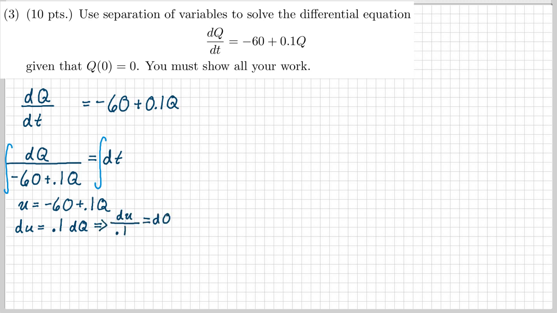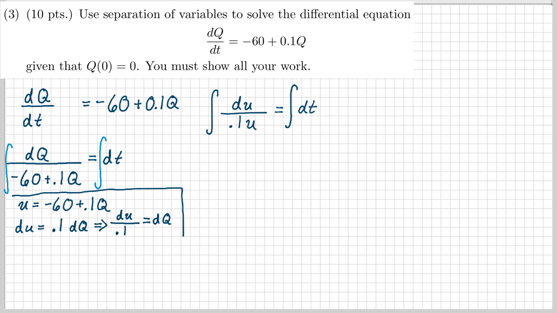So when I solve for dq, I get du over 0.1 equals dq. Now, when I simplify that, I get this guy. That 1 over 0.1 can come out. 1 over 0.1 is 10, but I'm going to end up multiplying it on the other side, so I'm going to leave it there for now.